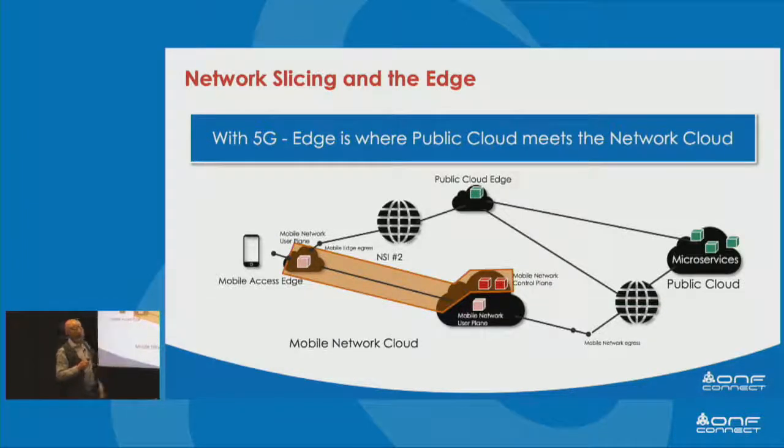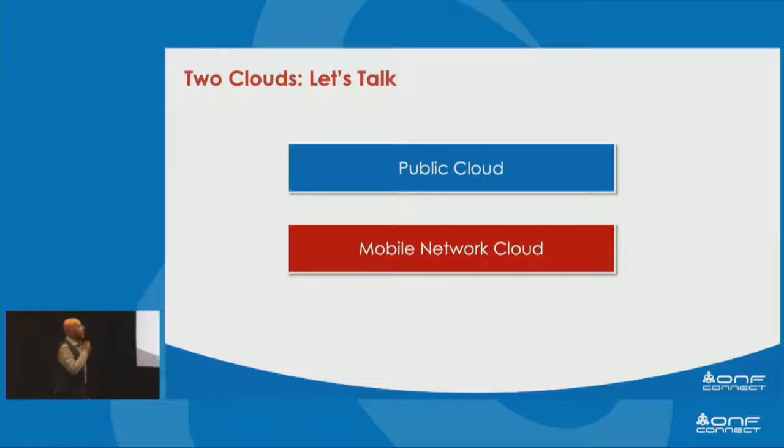So then it is to the benefit of the OTT to become a tenant to the telco cloud, and as a tenant, ask for network slice instance number 2. So effectively, the two clouds need to talk.